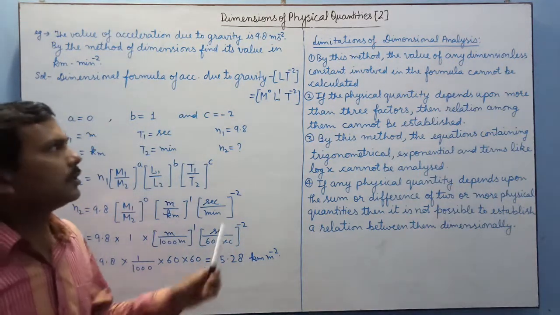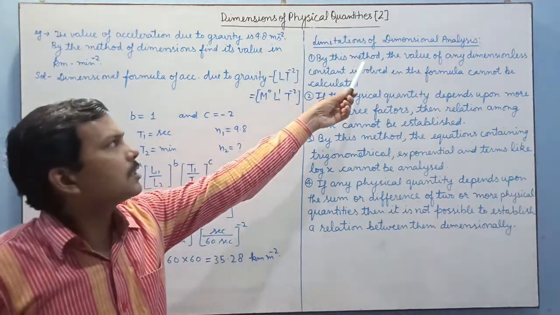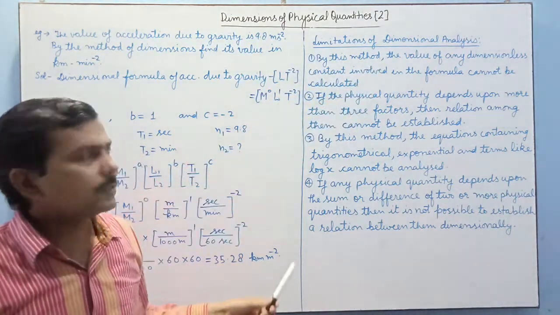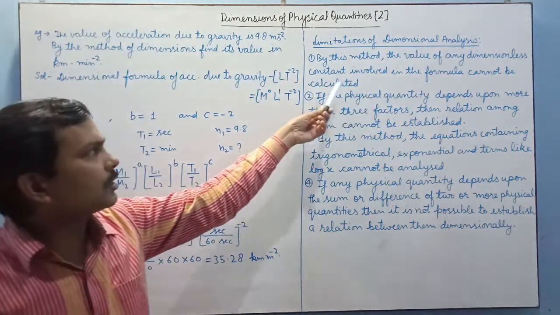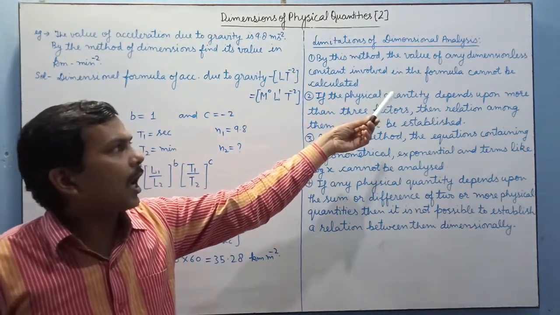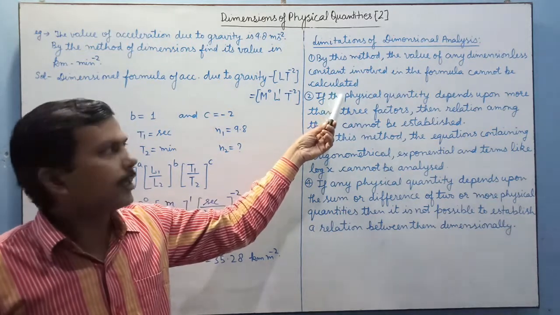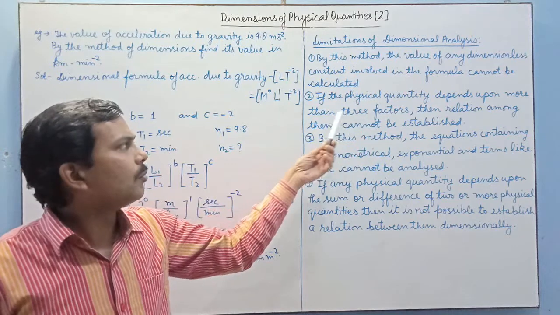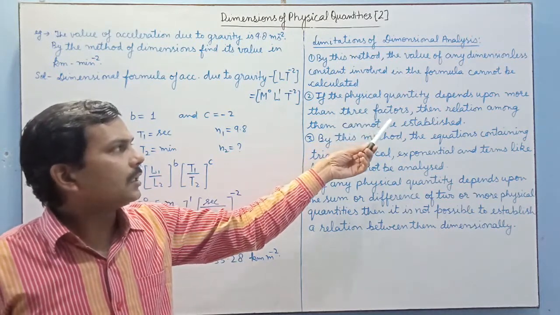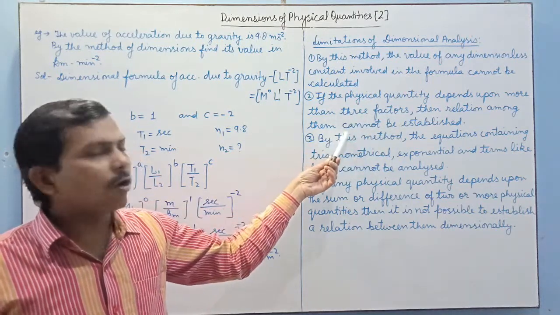Next we will look upon limitations of dimensional analysis. By this method, the value of any dimensionless constant involved in the formula cannot be calculated. Next is, if the physical quantity depends upon more than 3 factors, then relation among them cannot be established.